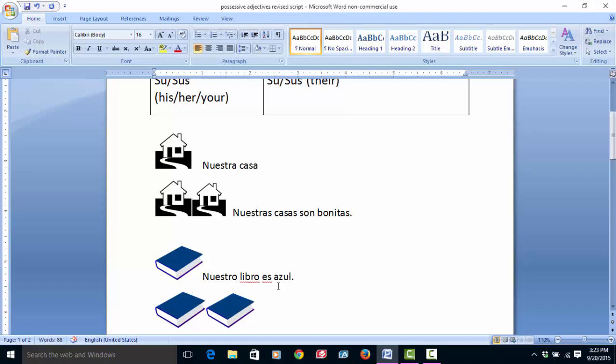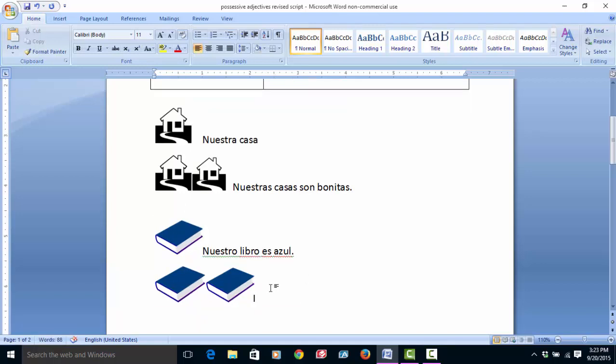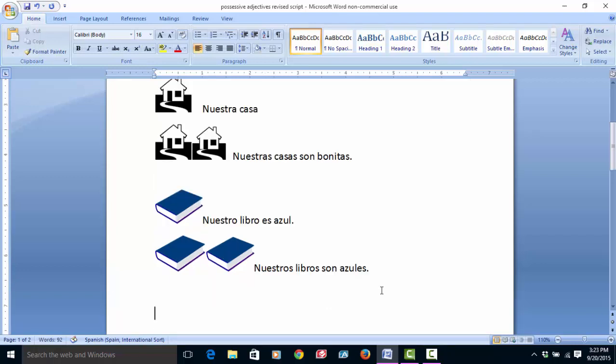Our book is blue. And if we want to talk about more than one book, we're going to say nuestros libros son azules. Our books are blue.